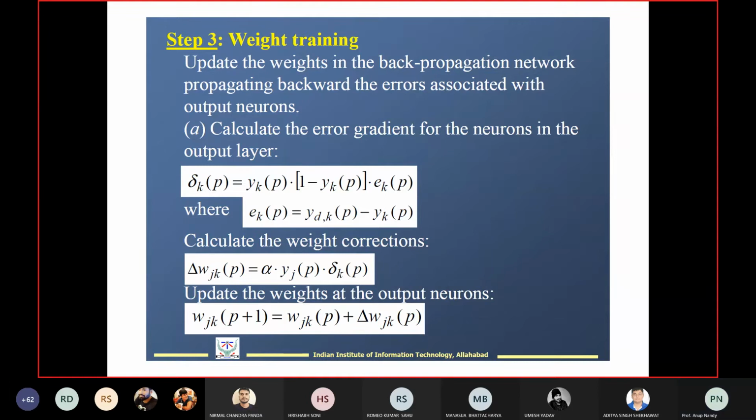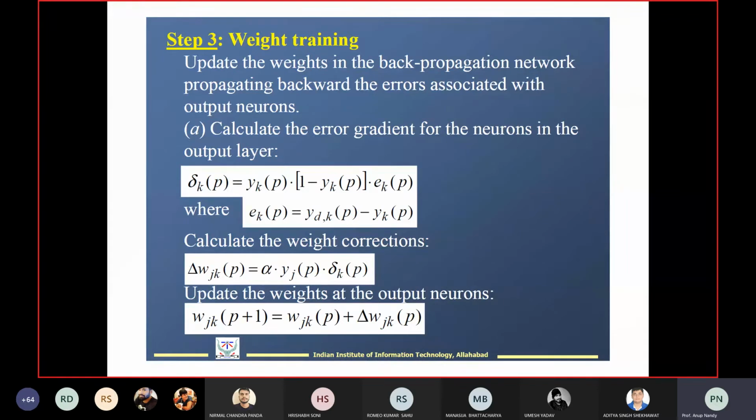Now recall the previous formula that we used while doing the single layer perceptron model, that is delta wjkp.